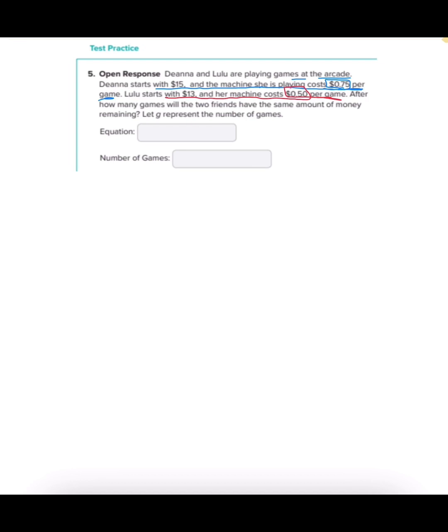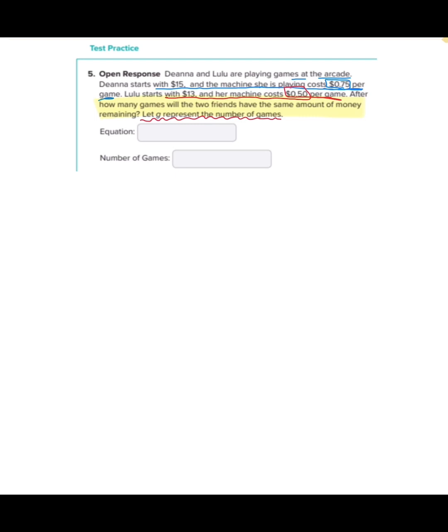After how many games will the two friends have the same amount of money? Let G represent the number of games. So the variable is G. First they want the equation, the formula.